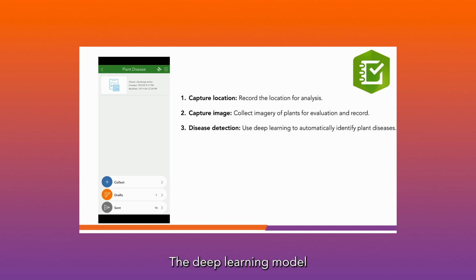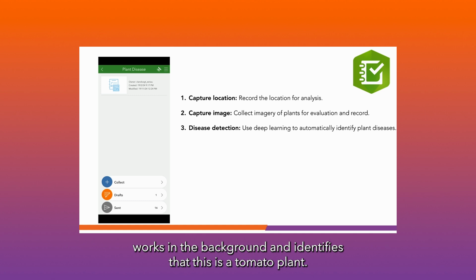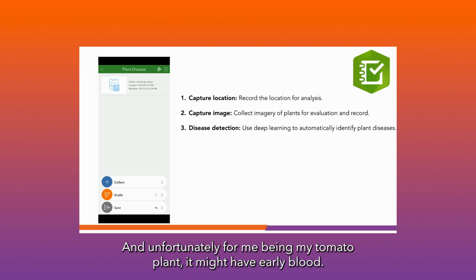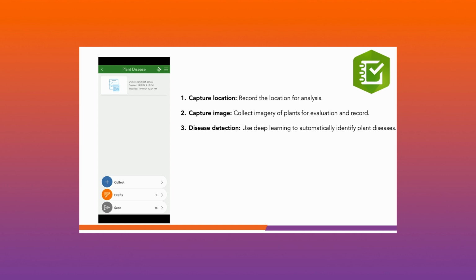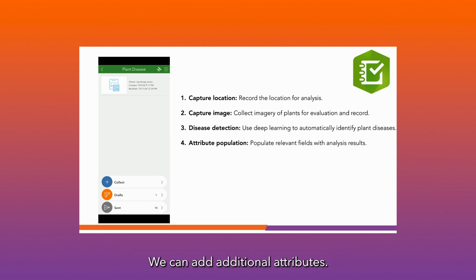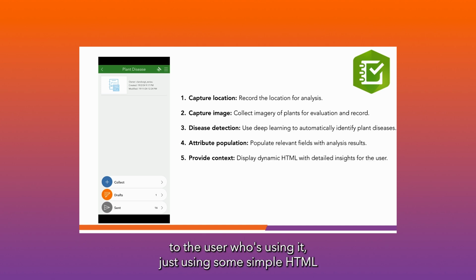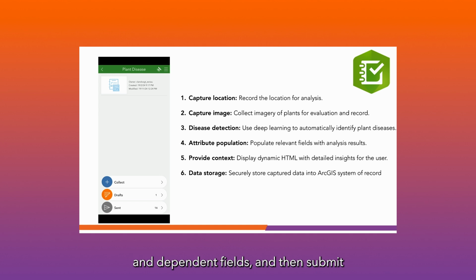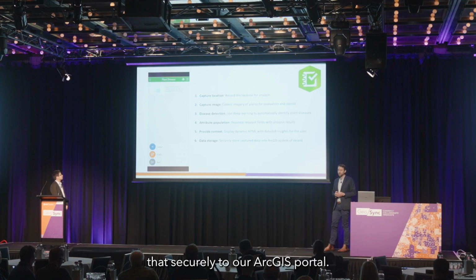The deep learning model works in the background and identifies that this is a tomato plant, and unfortunately for me, being my tomato plant, it might have early blight. We can add additional attributes. We can provide context to the user who's using it, just using some simple HTML and dependent fields, and then submit that securely to our ArcGIS portal.